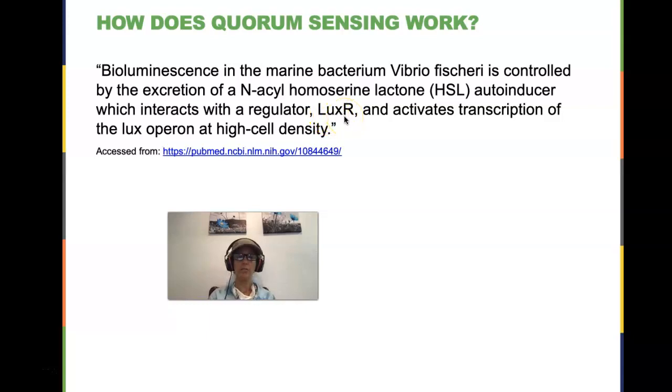Lux is Latin for light, and that activates the transcription of the LUX operon at a high cell density. The operon is that series of genes. They all have a related function, and it is controlled by a single regulatory region.